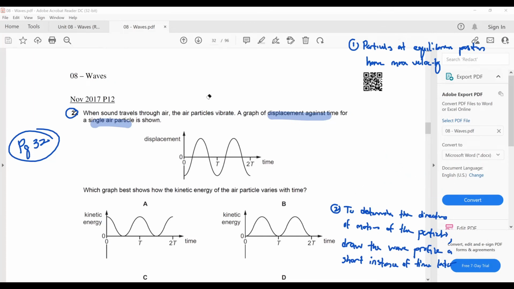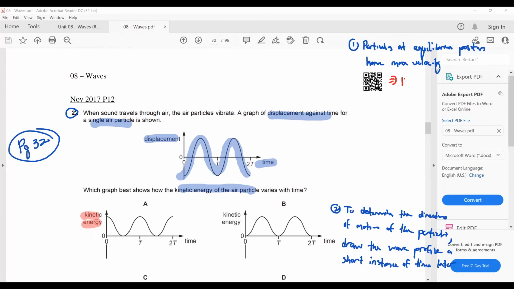Okay, so I know that particles at equilibrium position have max velocity. Right now, what the question wants is for you to show how the kinetic energy of the air particle varies with time. If given a displacement time graph that looks like this, how would it look? Since they're talking about kinetic energy, you see, kinetic energy has a close relation with your speed or your velocity.